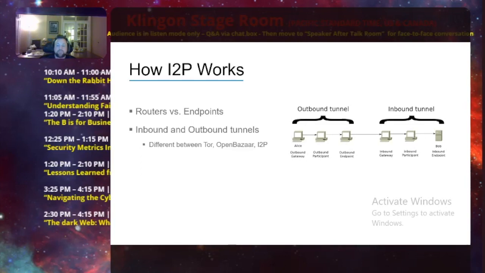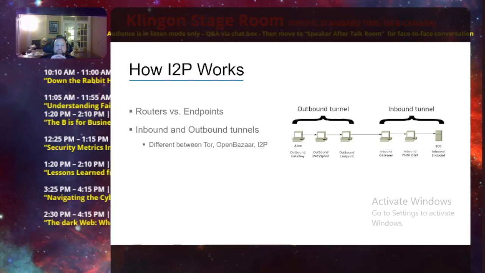That decrypted information is typically going to contain the IP address of the next router, along with some encrypted information to be forwarded. And then each tunnel is going to have a starting point, the first router, known as a gateway, and then an endpoint.